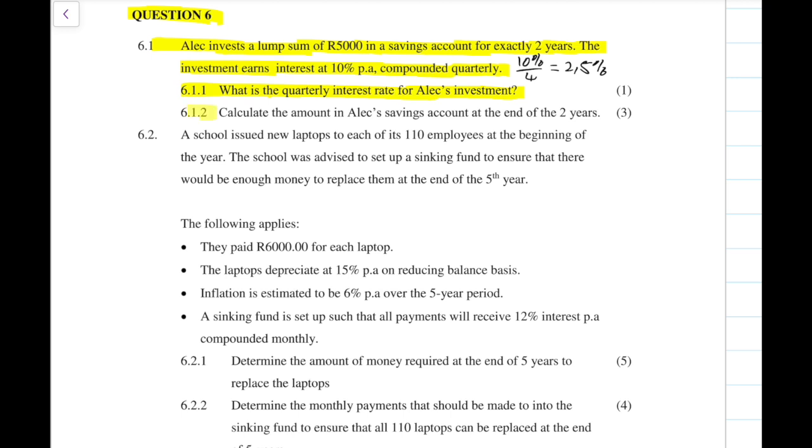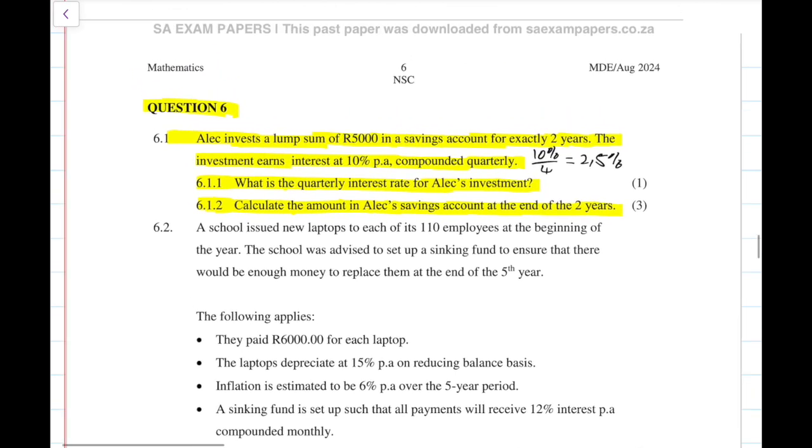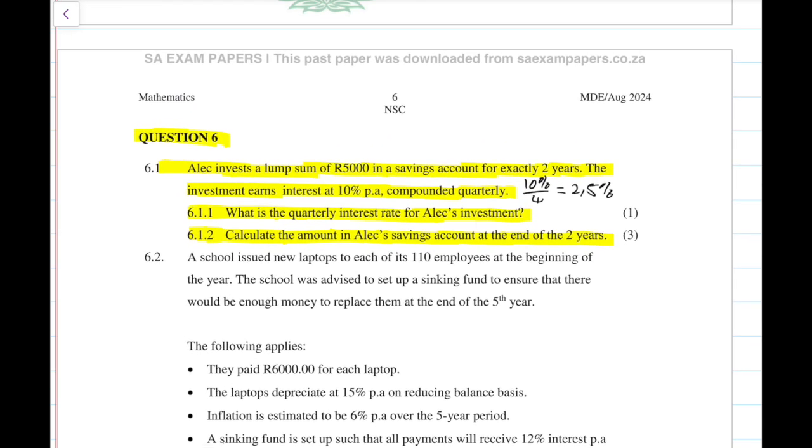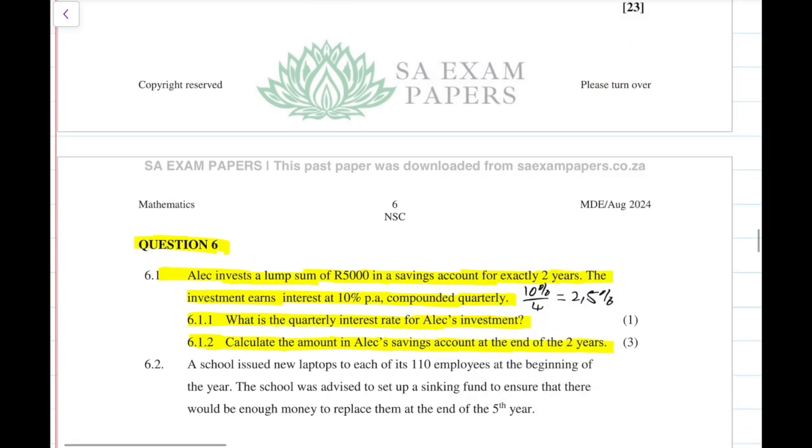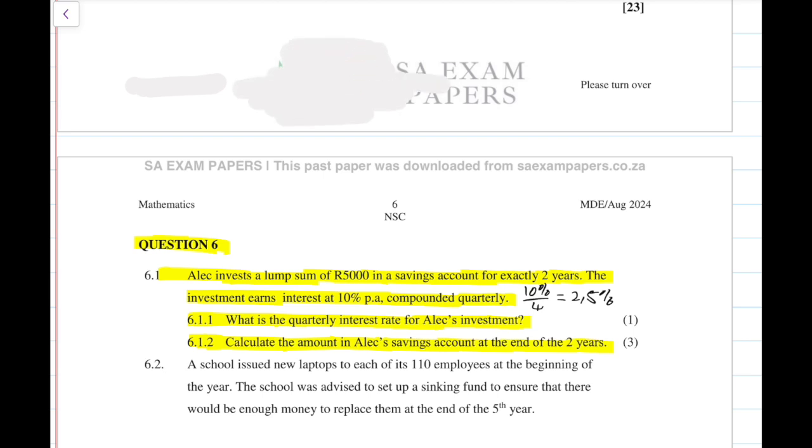6.1.2, calculate the amount in Alec's savings account at the end of the 2 years. Again, this is ridiculously easy, which I'm certain that everyone would be able to do. It's just a normal compound interest formula.